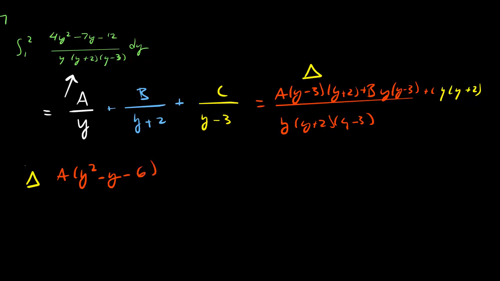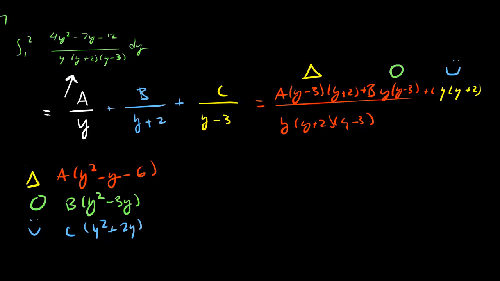And if we expand the green circle term, that will be B times y squared minus 3y. And then if we expand, what's another shape? A blue happy face, we would have C times y squared plus 2y.